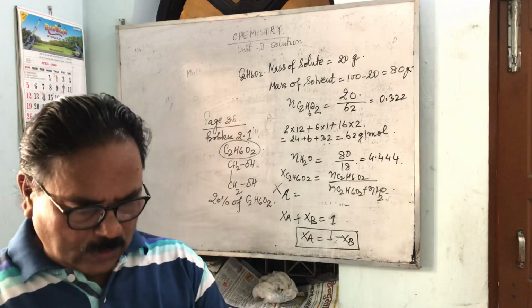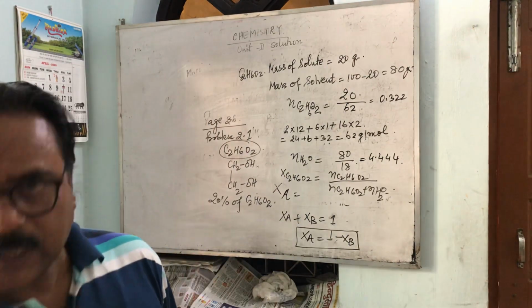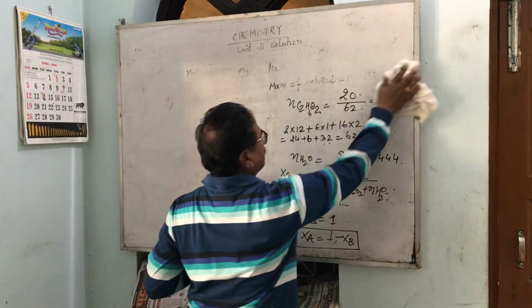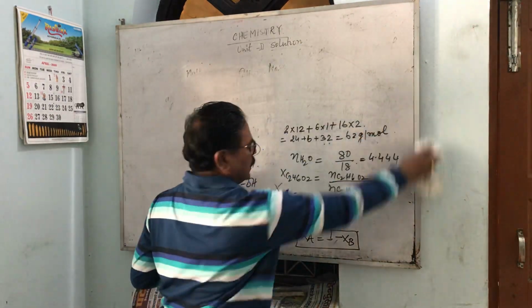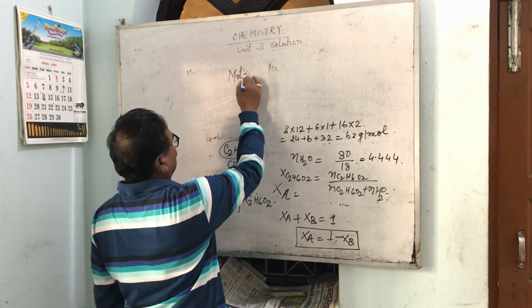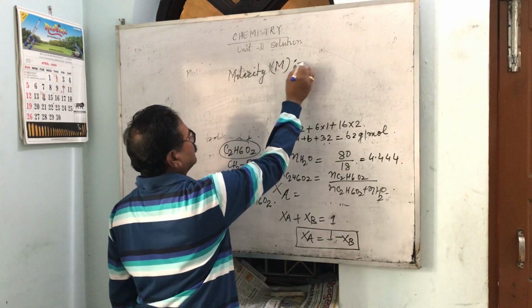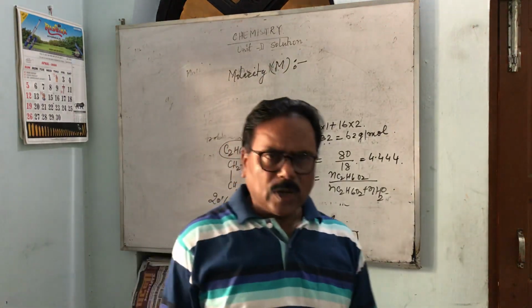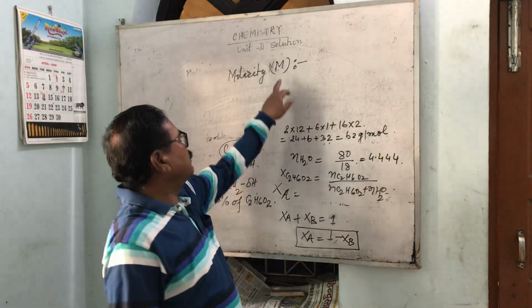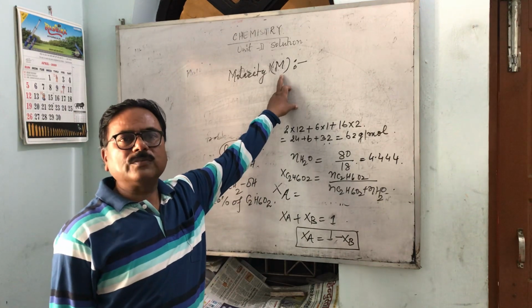Right? Now, we take another method of expressing the concentration of solutions. This is our topic. So we take another one, molarity, that is capital M. In class 11th we already have the knowledge of molarity: number of moles of solute present per liter of solution.